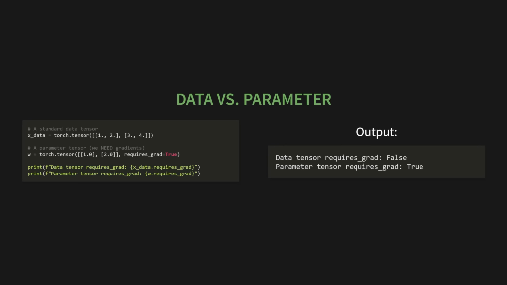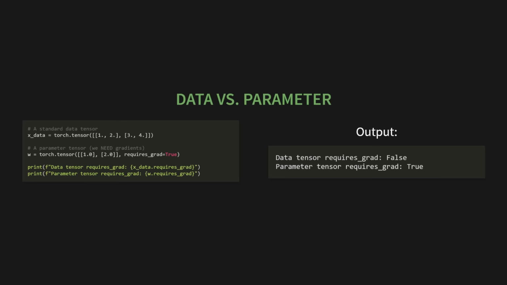We create w = torch.tensor with values 1.0 and 2.0. And here's the key. We add, comma, requires_grad=True. So when we print the requires_grad property for each of these, the output is exactly what you'd expect. The data tensor's requires_grad is False. The parameter tensor's requires_grad is True.